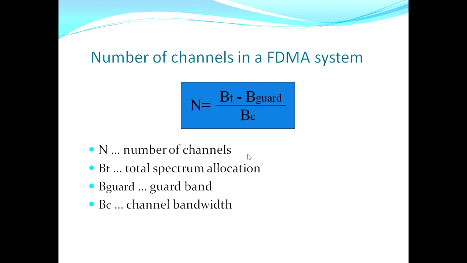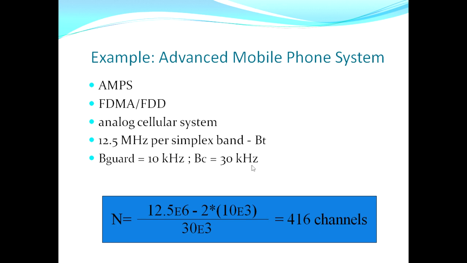The number of channels that can be occupied by an FDMA system is represented by capital N, which is equal to BT minus B guard divided by BC. BT is the total bandwidth and B guard is the separation bandwidth assigned between two consecutive channels. It is actually a wastage of bandwidth. And BC is the capacity of an individual channel. By using that formula, how do you calculate the number of channels?